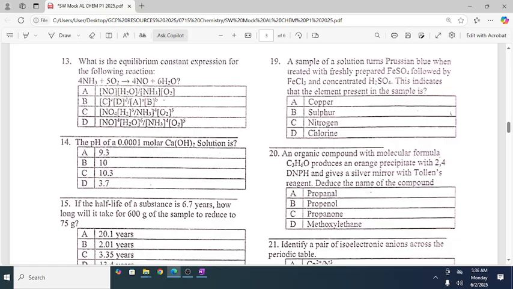Since ammonia is a gas and oxygen is a gas, then the equilibrium constant is called Kp, equilibrium constant for gases. If they were in molar concentrations, it would be Kc. But since I'm seeing just gases, it has to be Kp.